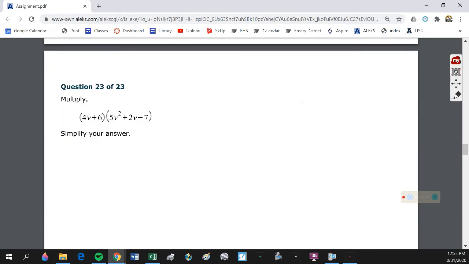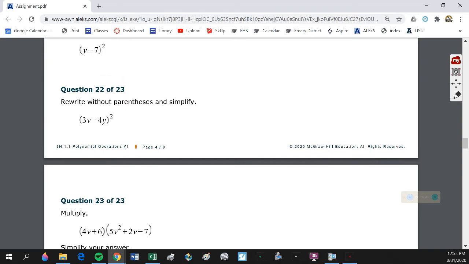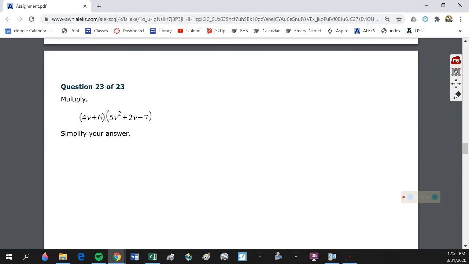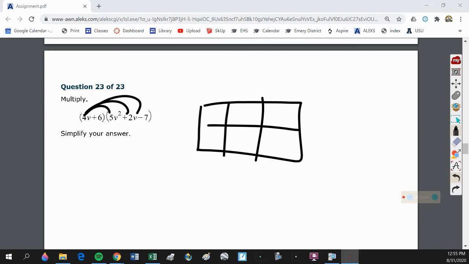All right, 23. Here's where the box comes in handy. Now, is this a 2 by 3 or a 3 by 2? Doesn't matter, right? 3 times 4 is the same as 4 times 3, so it doesn't matter how we draw it. But I do recommend you write it out because this gets kind of confusing. It's easy to make a mistake.